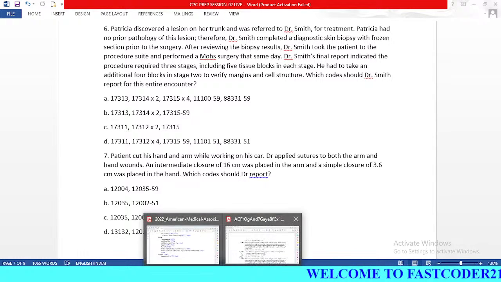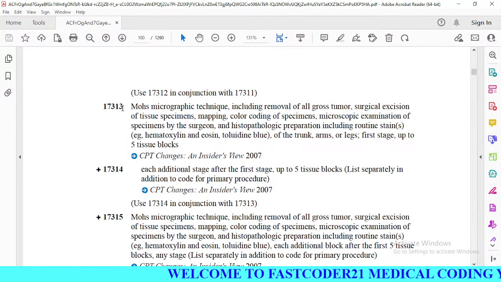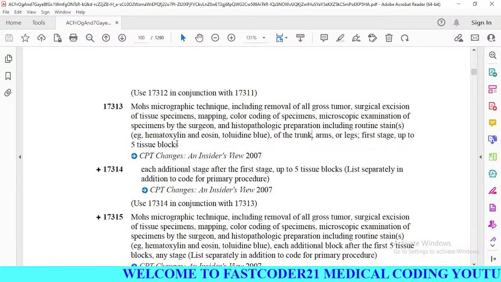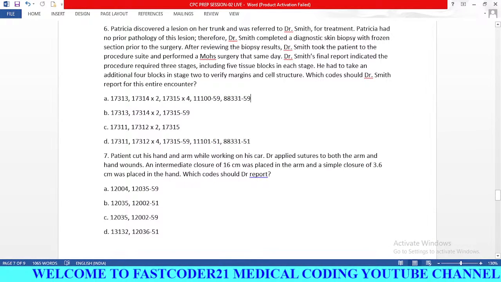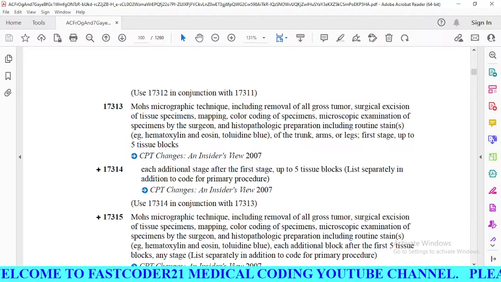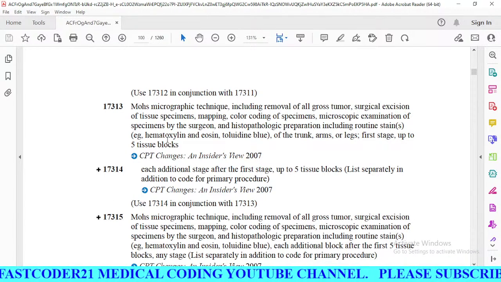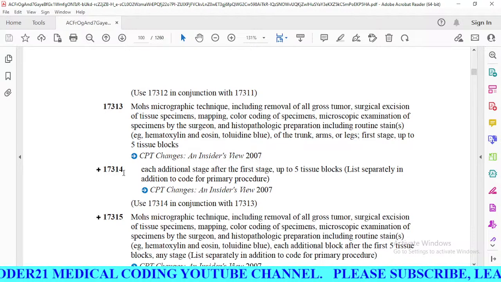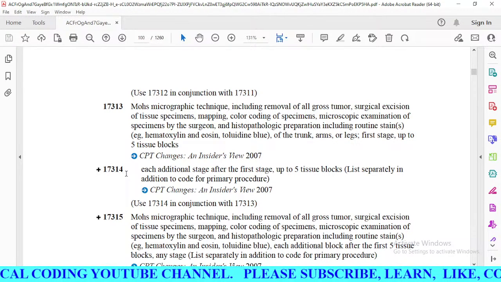So 17313 is for the first stage, and we add code 17314 for the remaining 2 stages.